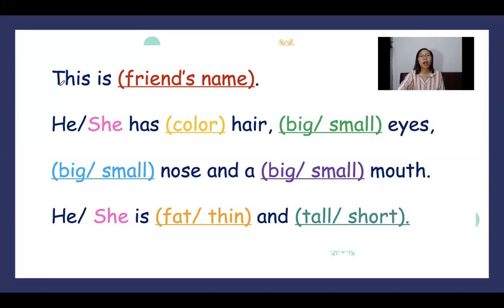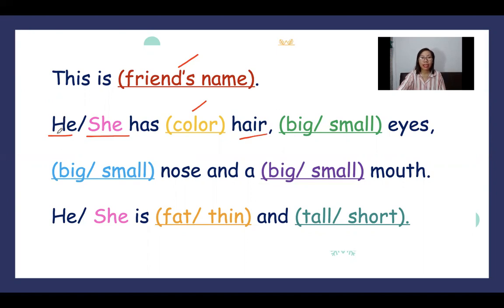Okay, so first sentence. This is your friend's name. He is for boy, she is for girl. He has or she has, and then color: black, brown, white hair.